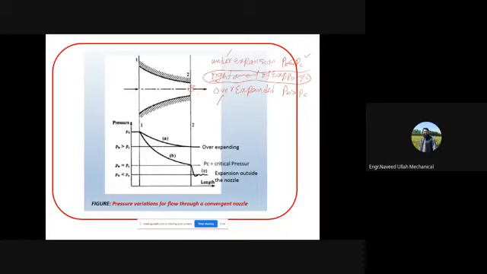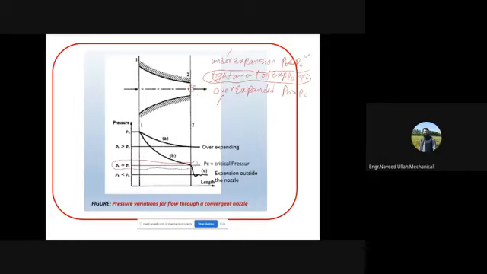If you look at this, they have plotted the pressure against the length of the nozzle for a convergent nozzle. First you see here that this is the right amount of expansion. I told you, what do you mean by expansion? Expansion is basically pressure drop.